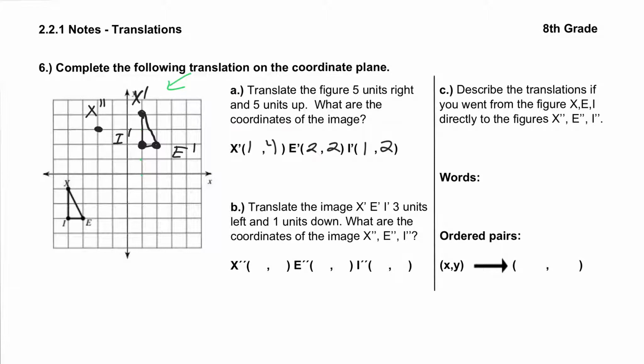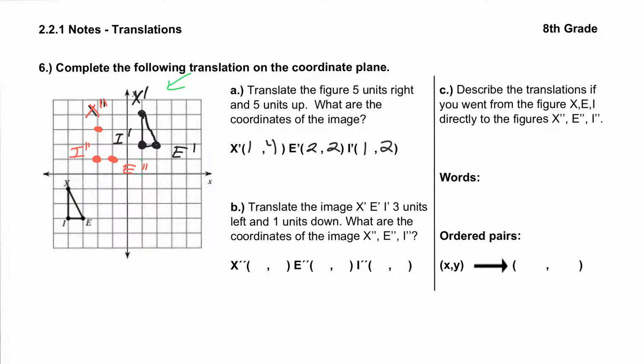The second time around, we just add a second prime. We can do the same thing for E and I, and let me do this in a different color so we can differentiate here. For I, we count 1, 2, 3 units left and 1 unit down. That gives us I double prime. And for E, 1, 2, 3 units left and 1 unit down. There is our E double prime.